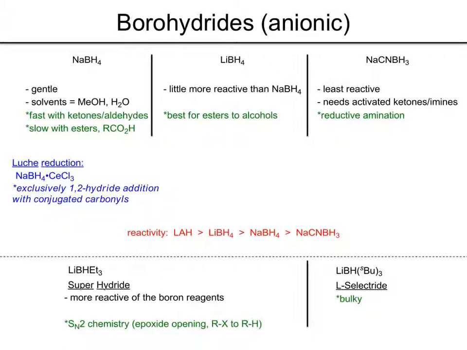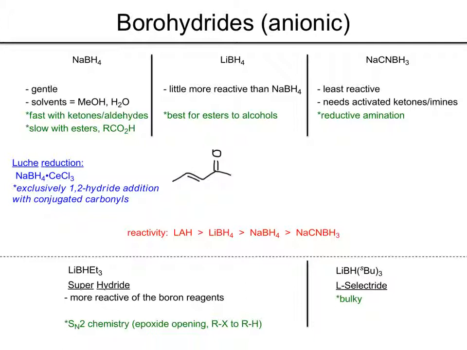We talked before about DIBAL and the reduction of conjugated ketones and aldehydes. So if we have this example, usually with sodium borohydride or with DIBAL, you'll get a mixture of 1,4-hydride addition and 1,2-hydride addition.